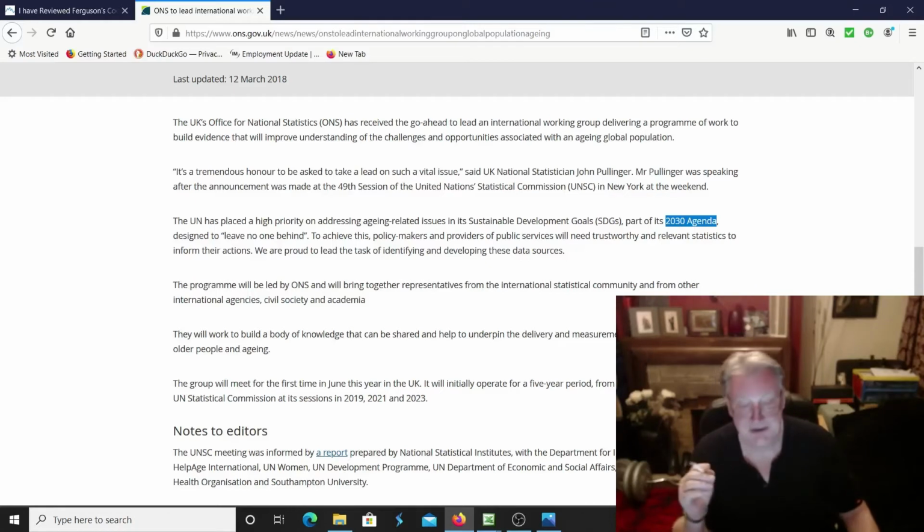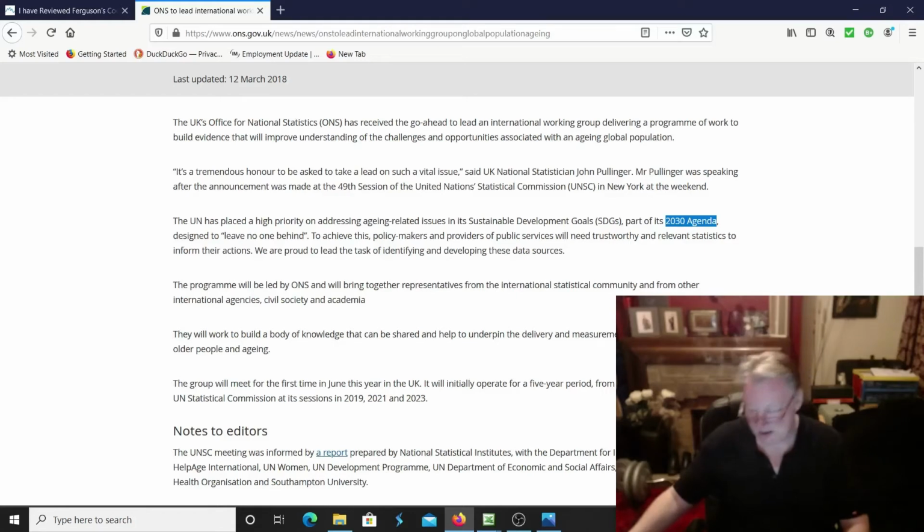This places the UK as a prime player in Agenda 2030 itself, but more recently the Great Reset, which I've mentioned on a number of occasions now. Having one of our department's employees involved in something like this, and I doubt that this has been made known. I've never seen anybody mention this in the media before, that the ONS was awarded this kind of activity, funded by us.